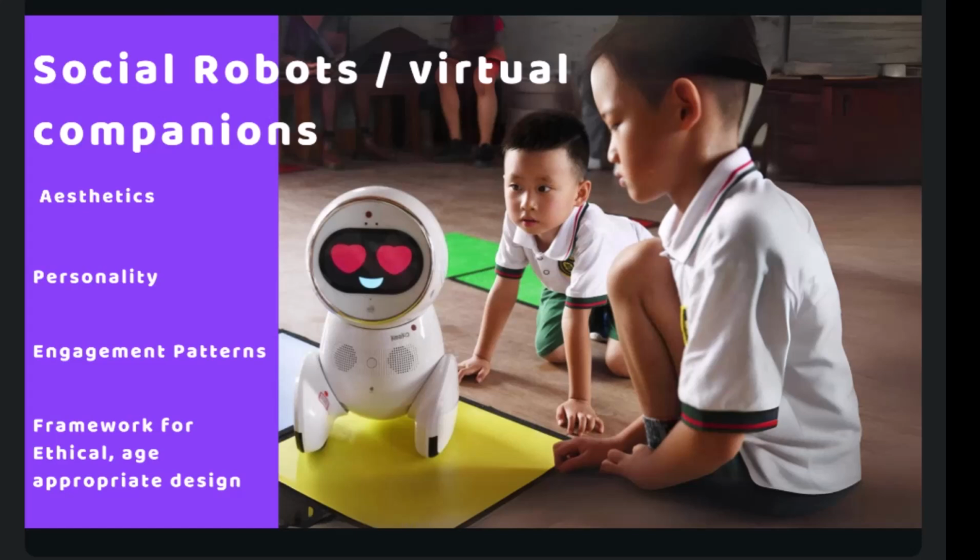So the more the robot coordinates their behavior with the children's, like mimicking facial expressions or asking them questions about themselves or using the language that they use, that's more conducive to empathy.